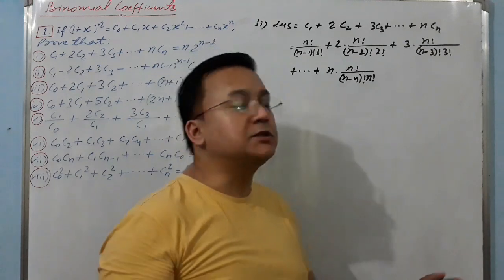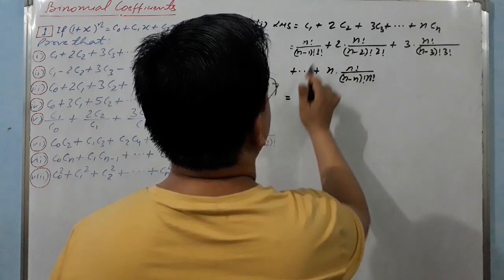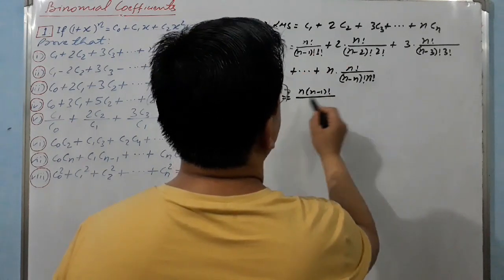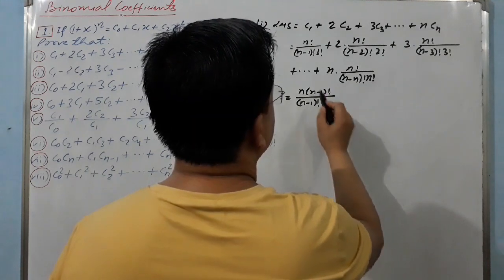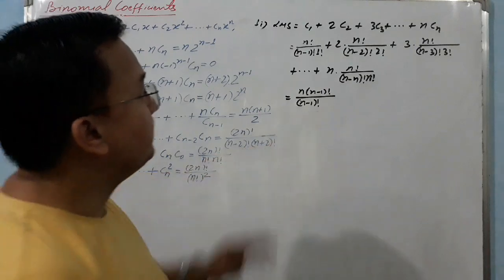We have just used the formula of combination. We get n times n minus 1 factorial over n minus 1 factorial. 1 factorial is 1, so no need to write it.